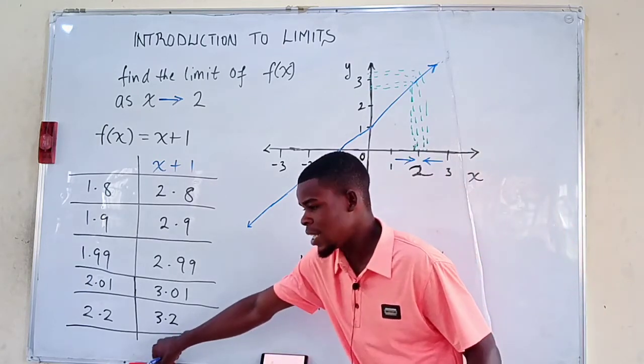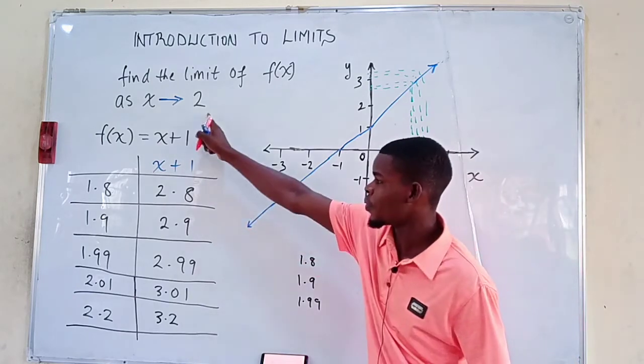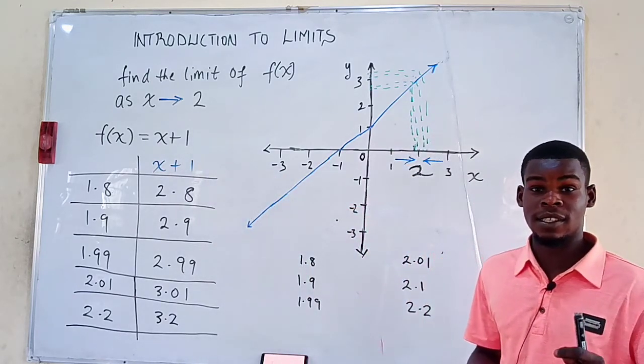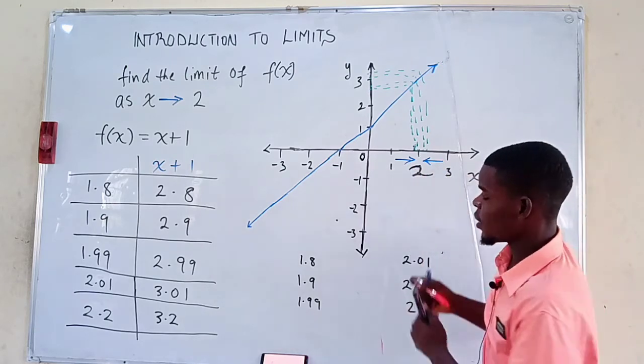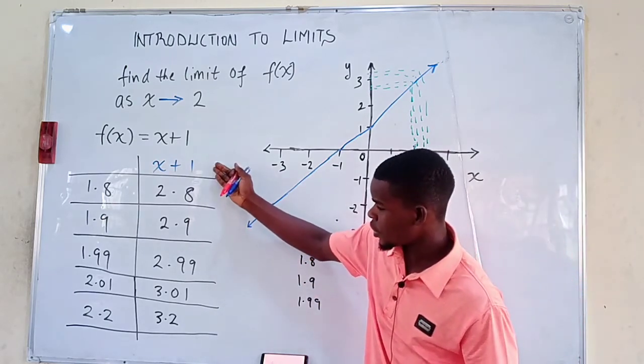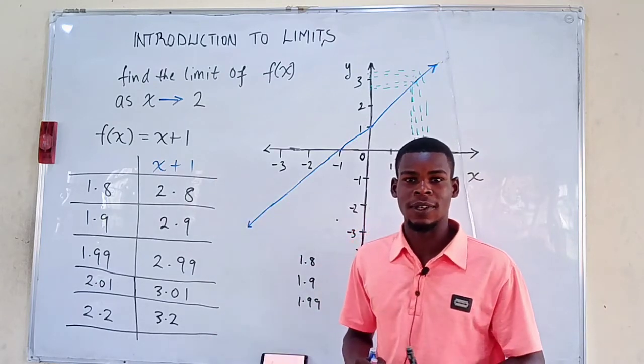That tells us that the limit of f of x as x tends to 2 is 3. That is, as we approach 2, either from the left or from the right, our result approaches 3, either from below or from above.